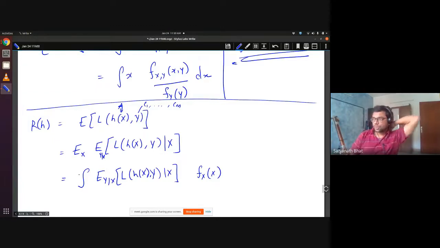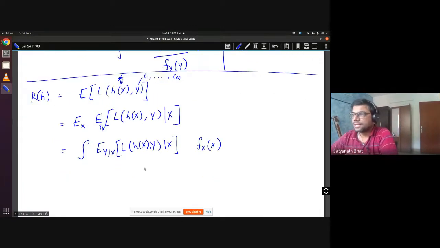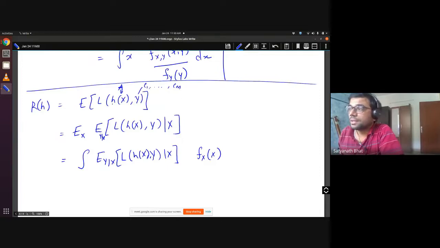Yeah, so we can define it like this. I hope I have not made any mistakes in terms of x. Yeah, this is fine. So this is how we will define the risk of the classifier R of h like this.